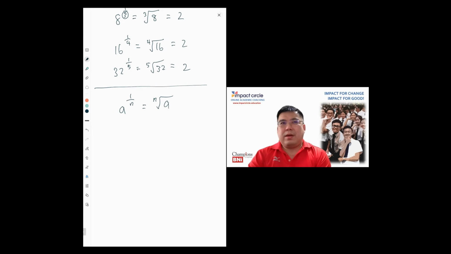A more general fractional power will be a to the power of m over n, where we have both a numerator as well as a denominator in the power. So for this, just remember the denominator of the power represents the root, and the numerator of the power represents the power.